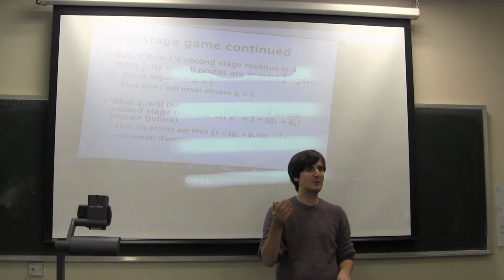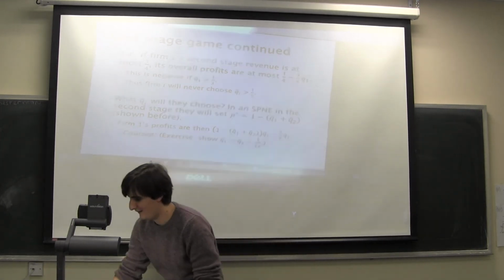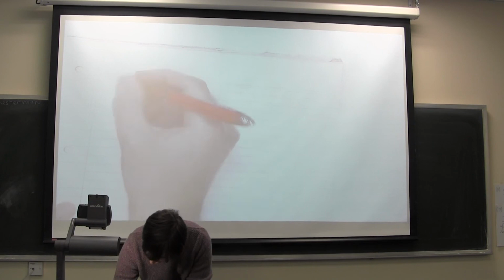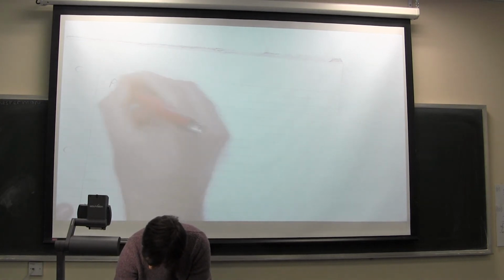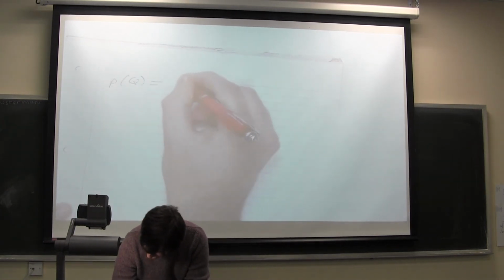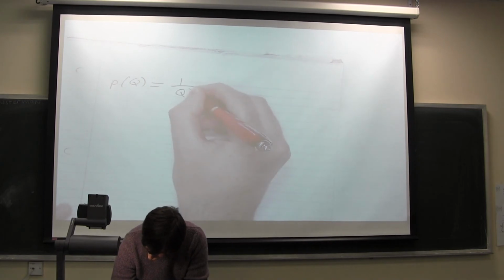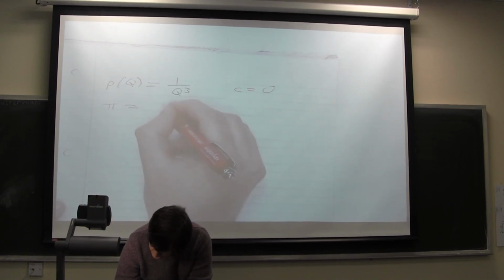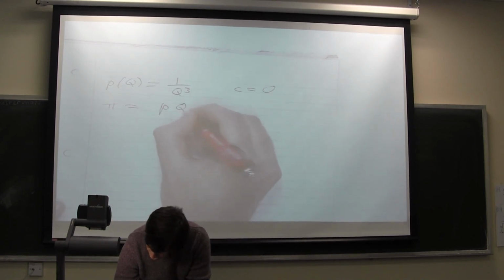So suppose price was 1 over Q cubed. Okay, I'm not going to do exactly the question from the last one. So our marginal cost is 0. Then profits are price times quantity.